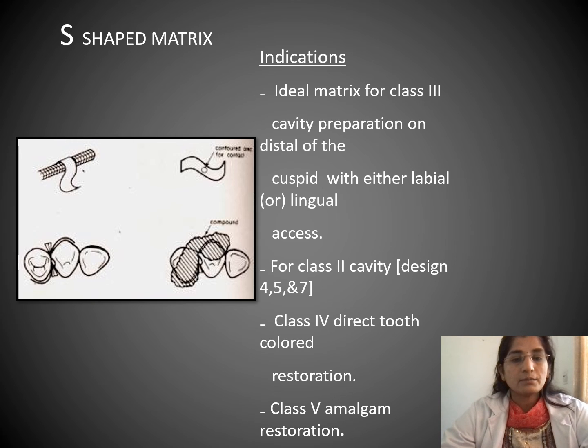As you can see in the picture, it is used on the labial surface of the canine, and the other end of the band is covering the lingual surface of the premolar. It looks like an S shape. Since the shape of the band is seen as S, it is called the S-shaped matrix.